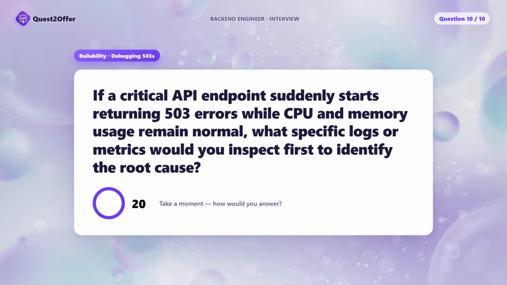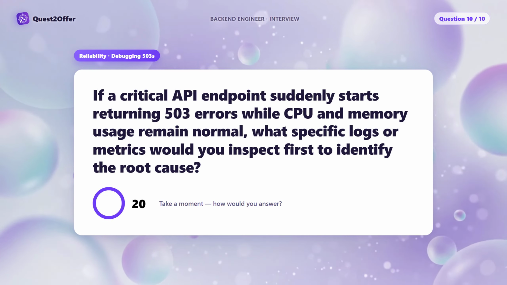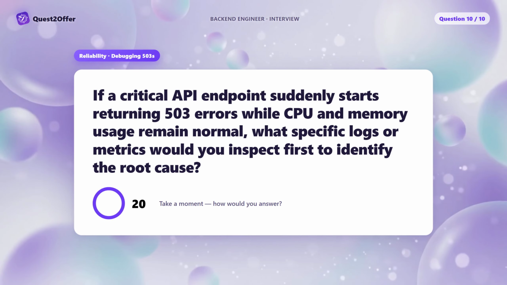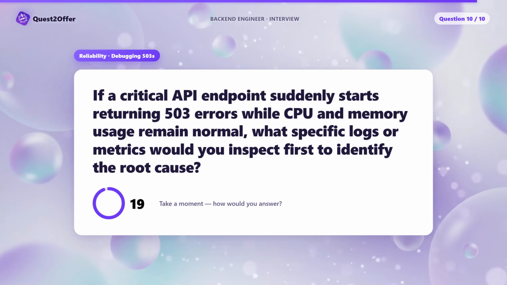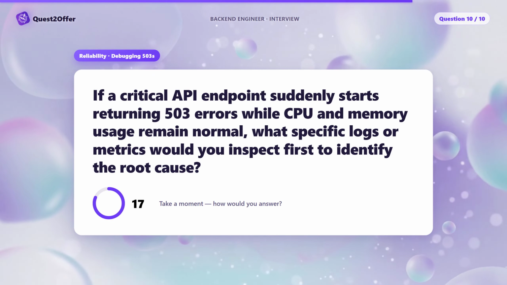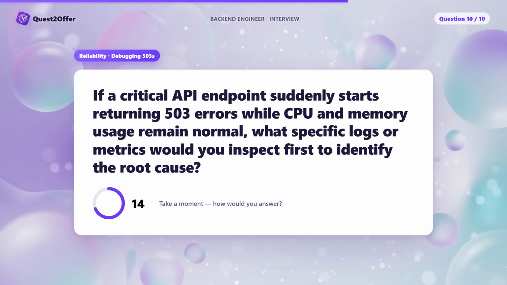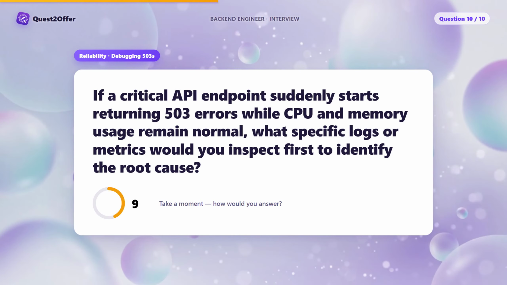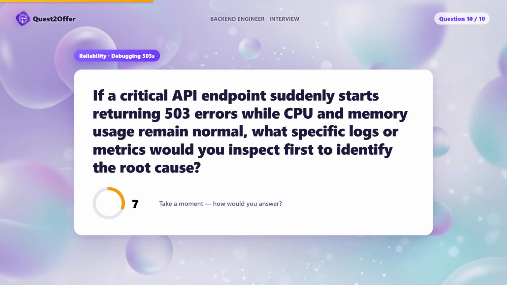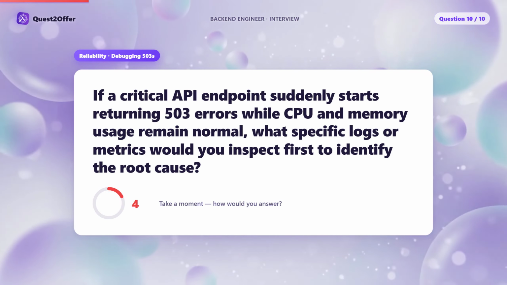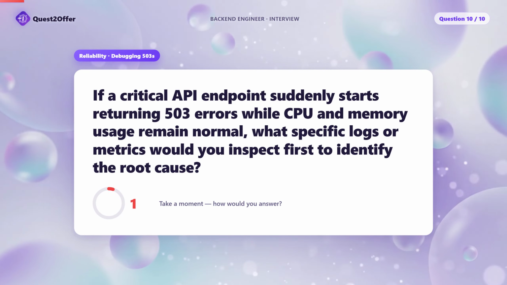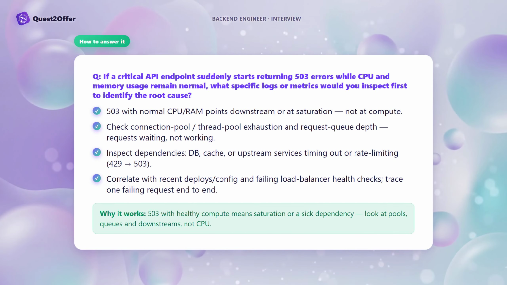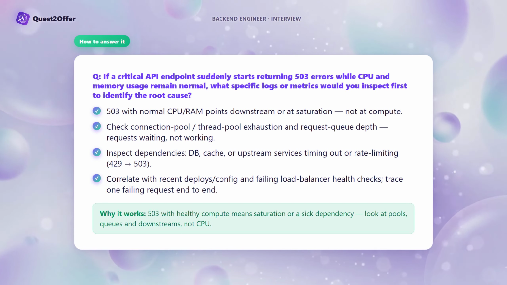Question 10. An endpoint suddenly returns 503s, but CPU and memory are normal. What do you inspect? First, 503s with normal CPU and memory tell you it isn't compute, it's downstream or saturation.